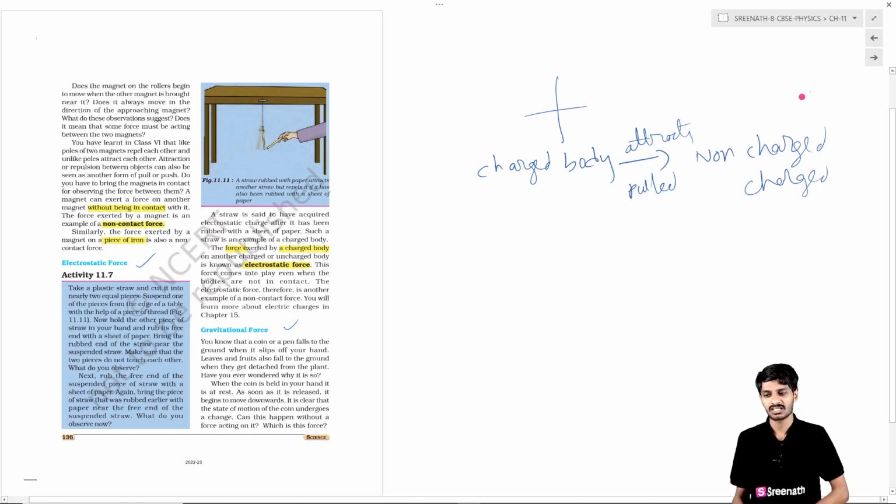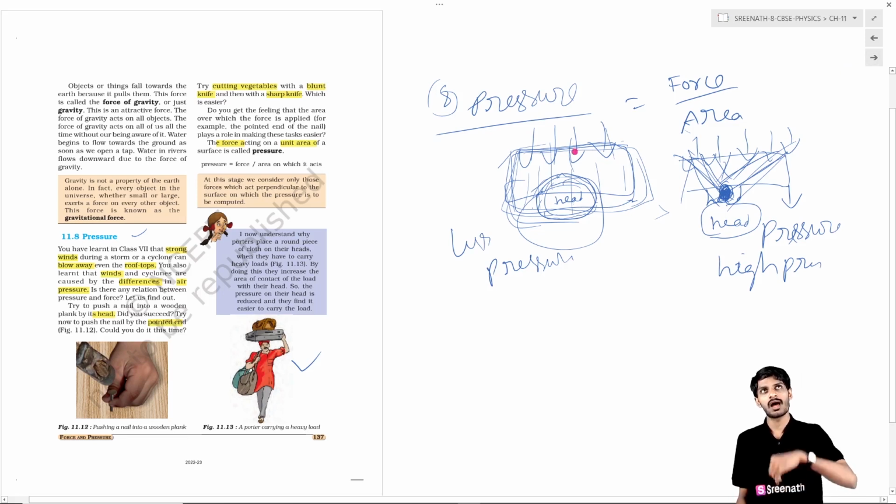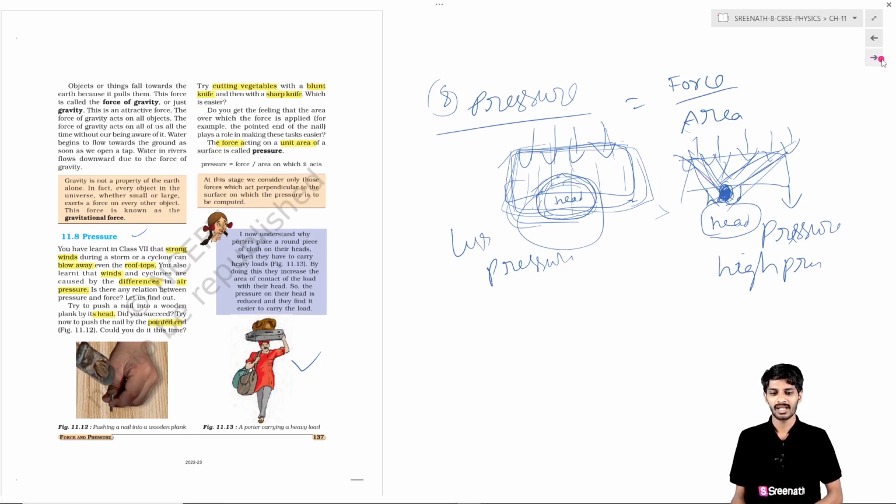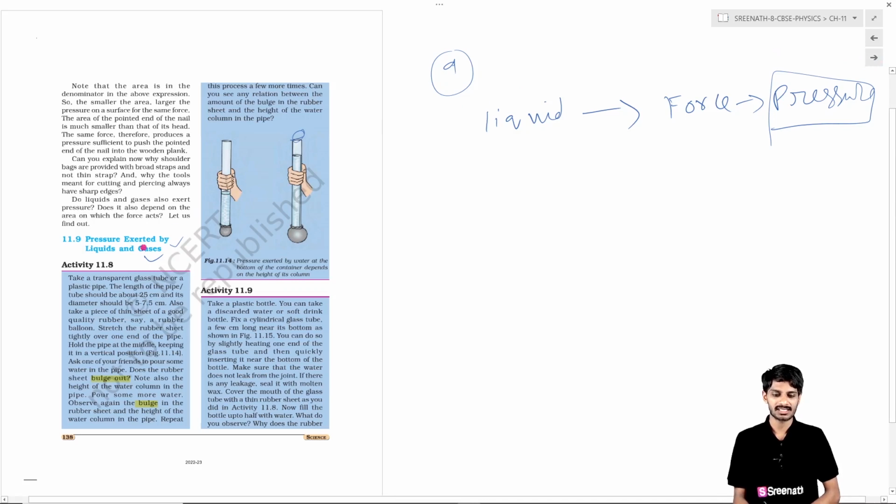Next one is gravitational force. Every object which is thrown into the sky will be attracted towards the ground, but there is no contact between the ground and the objects. Next topic is pressure. Pressure is nothing but force per unit area. Next, pressure exerted by liquids and gases. Yes, liquids exert pressure.